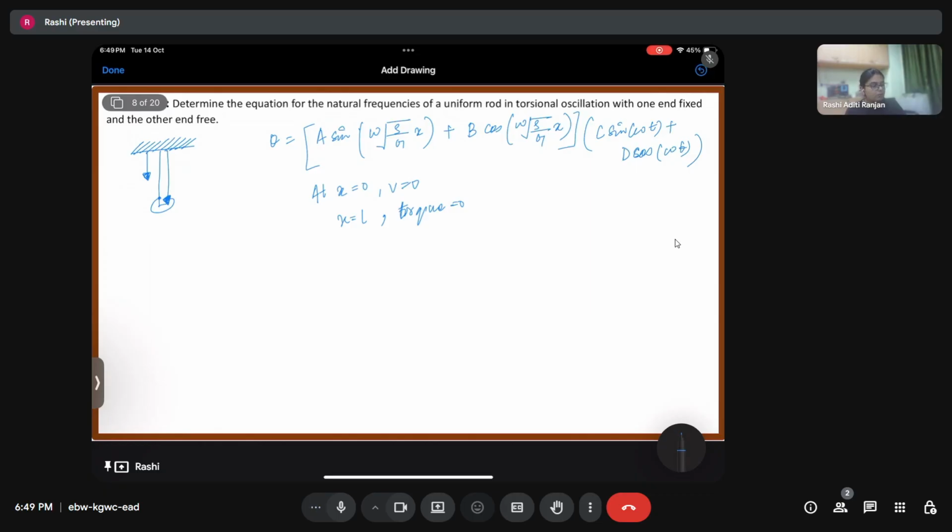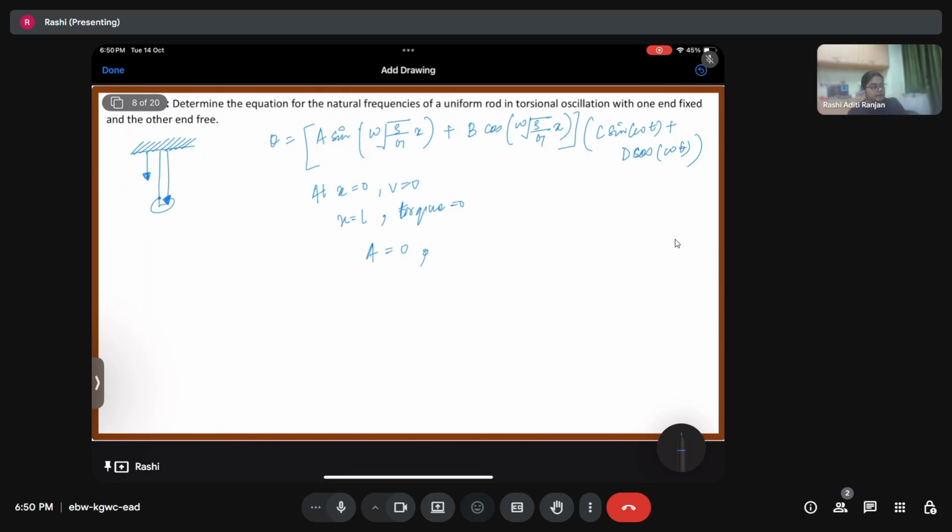Now, if we use these, we are going to get again A is equal to 0. Obviously, because we have theta is equal to 0, so definitely A is going to be equal to 0. Correct? Now, coming on to the second boundary condition, which is for torque equal to 0.